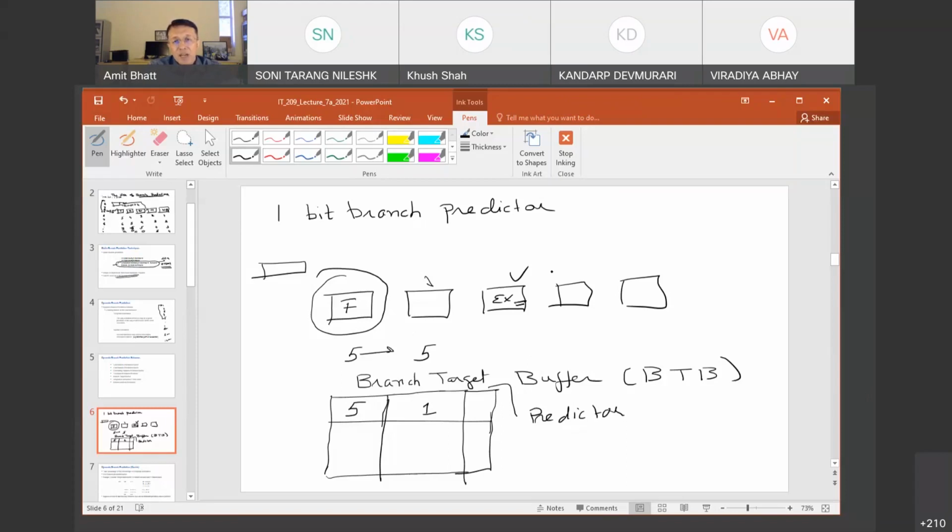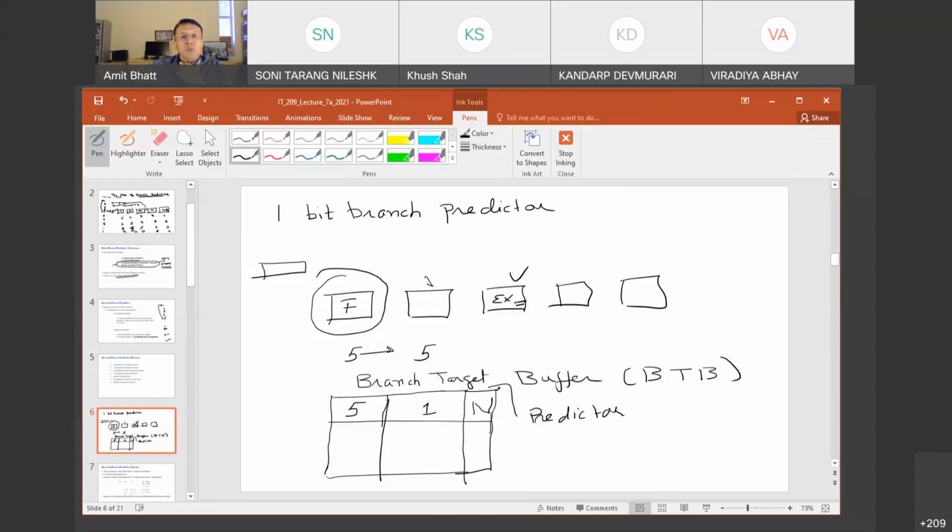You would figure that out after stage number 3, where your conditional execution would tell you that it will go to instruction number 1. So initially, when you have not figured out that it will go to 1, you will start with not taken.